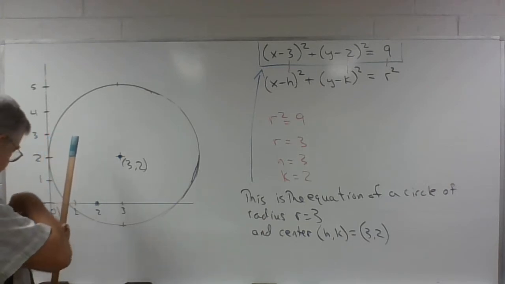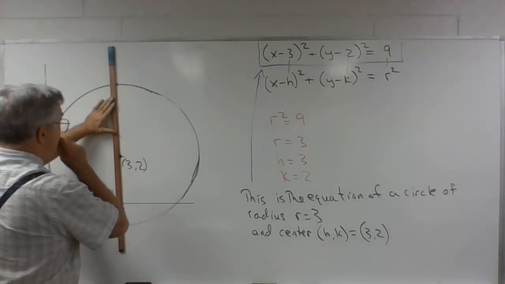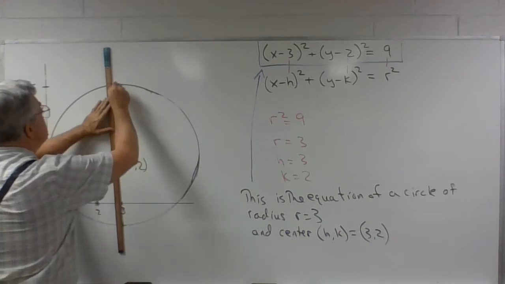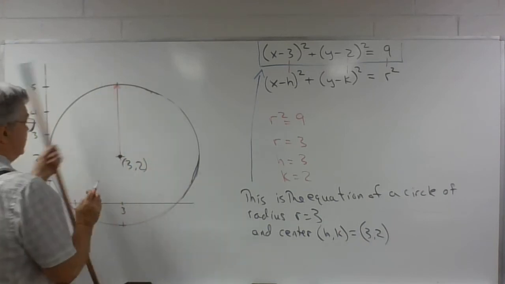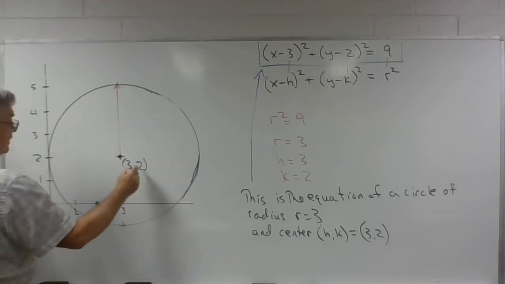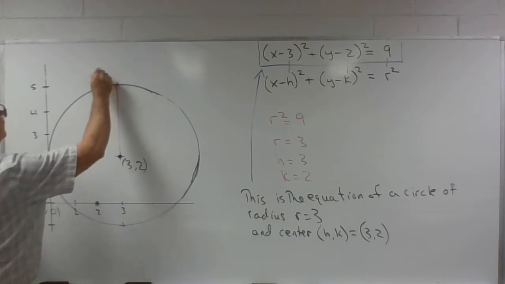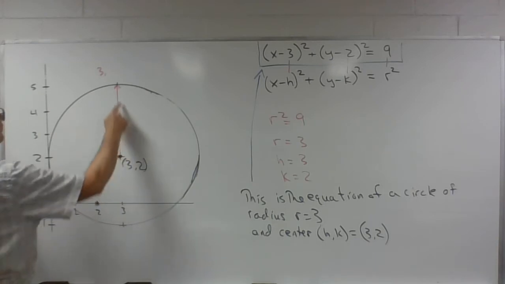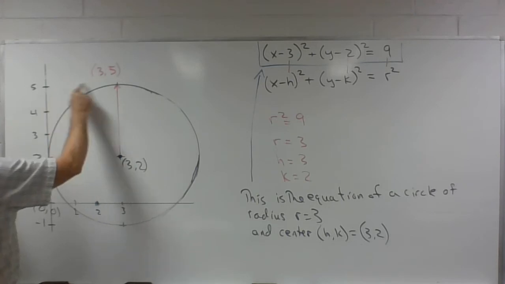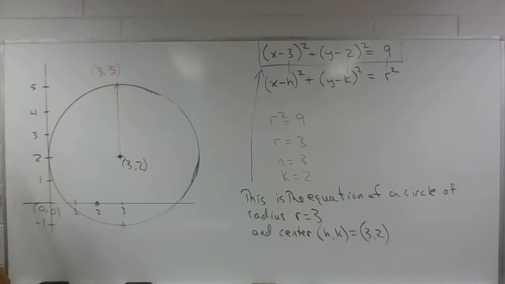For example, if I draw a radius from the center to this point on the circle, let's see. x is still going to be 3, but we're going up 3 units, so this is going to be y equal 5. Yeah, that looks about right. x equal 3, y equal 5.